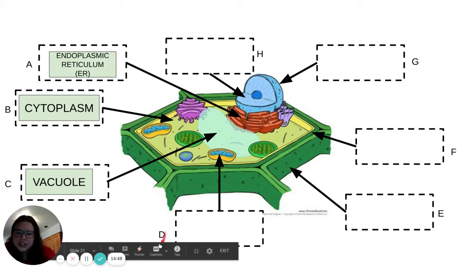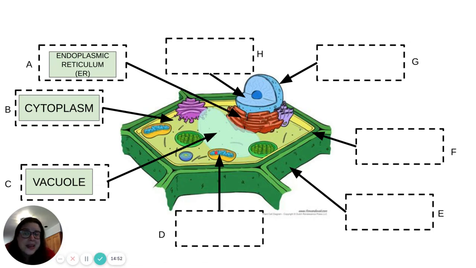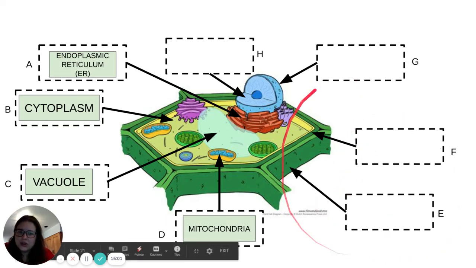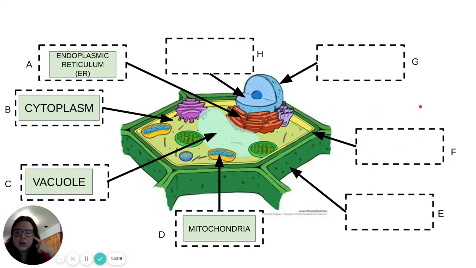The next structure, structure D, seems to be pointing to this squiggly jelly bean. And we know that squiggly jelly beans are mitochondria. Structure E and F, those two go together. I notice they're both pointing to the outside of the cell. So what I'm going to think about is I know that the cell wall is the outermost layer of the cell.